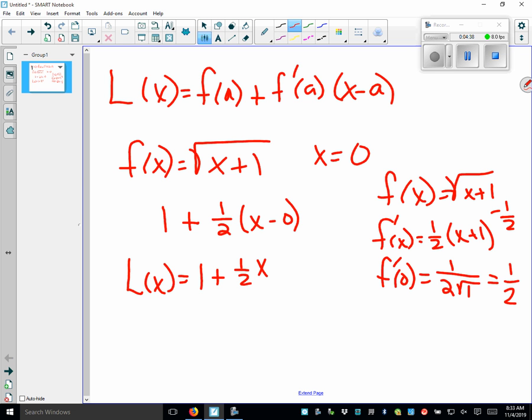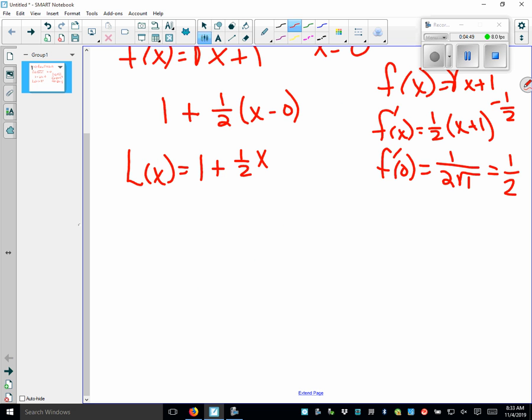Was that pretty straightforward? Once I have found the linearization, I want to compare L of a plus 0.1 to f of a plus 0.1.